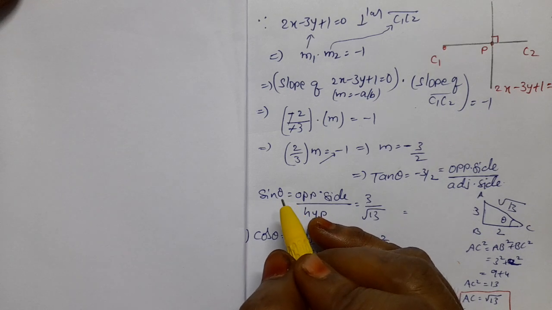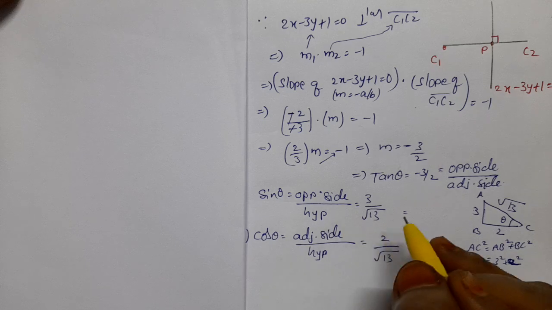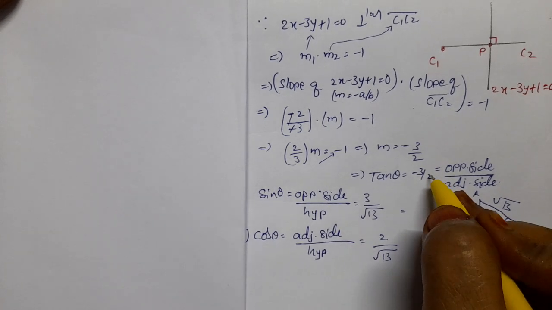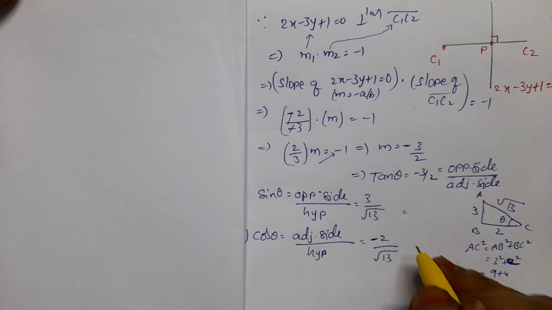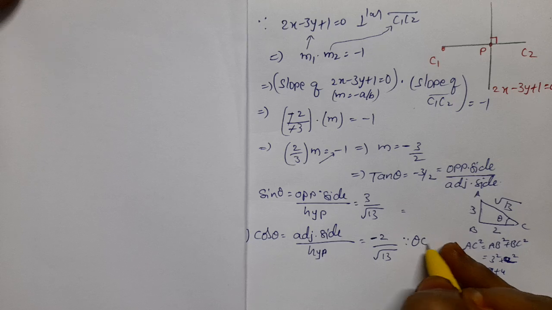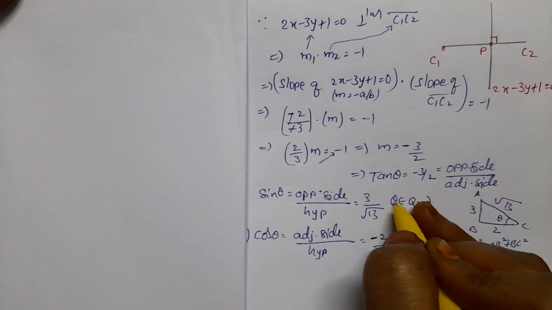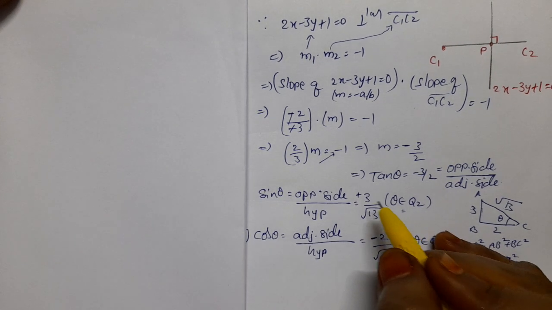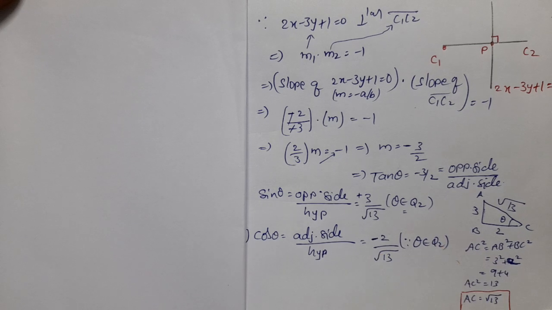If we find tan theta again, sin by cos, root 13 cancels, 3 by 2. But here tan theta is negative. This minus is taken with cos, since theta belongs to the second quadrant. In the second quadrant, sin is positive, cos is negative. So these sin theta and cos theta values are substituted in the points formula in 2.